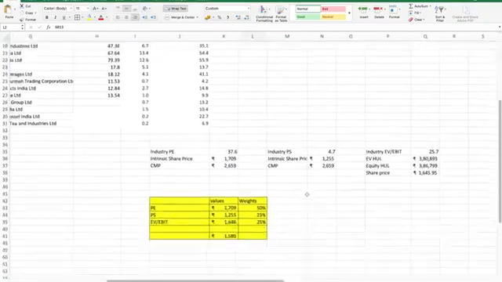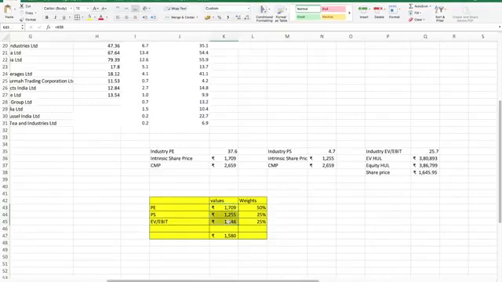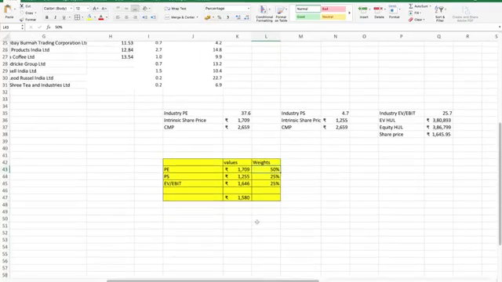And once you have these values, you need to assign some weightage so as to give a combined relative valuation number using different multiples. It's totally up to you. If you want, you can give 100% weightage to PE only and 0% weightage to these two multiples. It's totally up to you, right? Now, one more thing is left, which is called blended valuation, right?